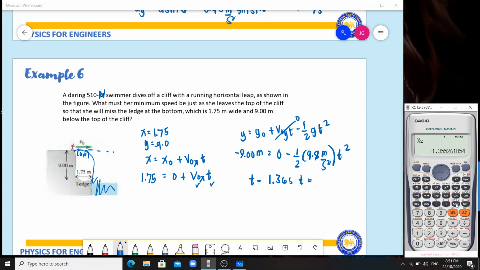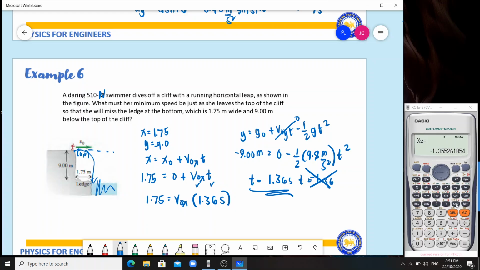So, yung time na isa na negative 1.36 ay hindi i-consider dahil ang time cannot be negative. So, ito yung answer for the time. So, 1.75 equals VOX times 1.36 seconds.